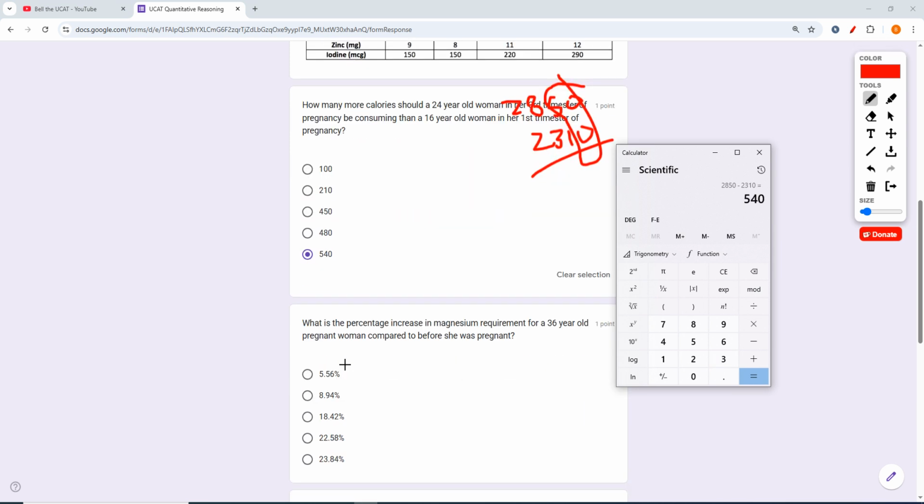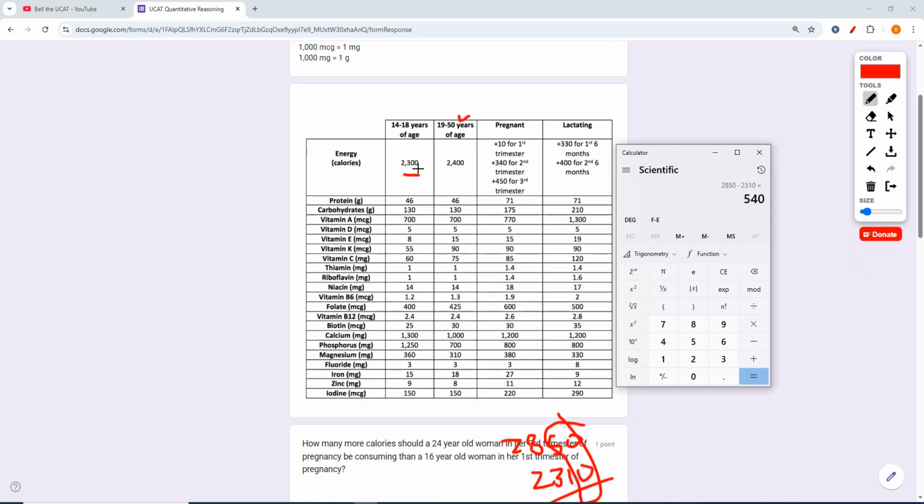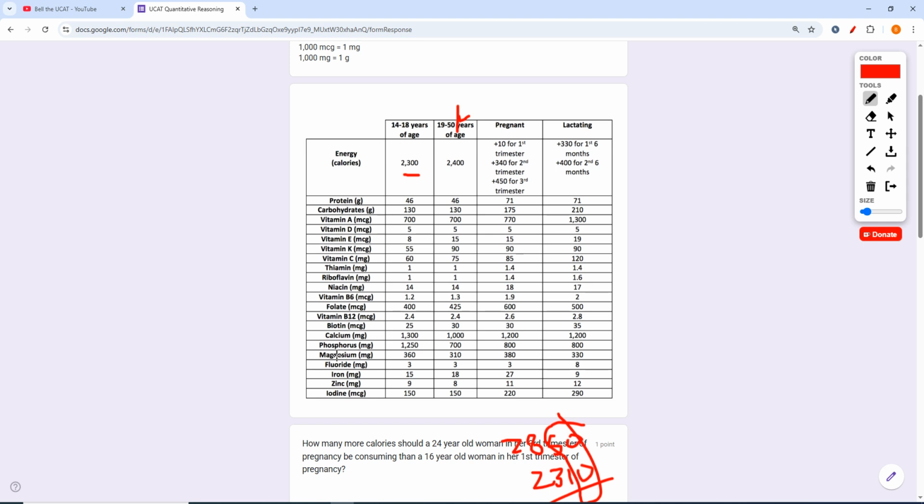What is the percentage increase? New divided by old, remember, take away 1. What is the percentage increase in magnesium requirement for a 36-year-old pregnant woman compared to before she was pregnant? 36 means this column, magnesium is this one. You would just do 38 divided by 31, take away 1.